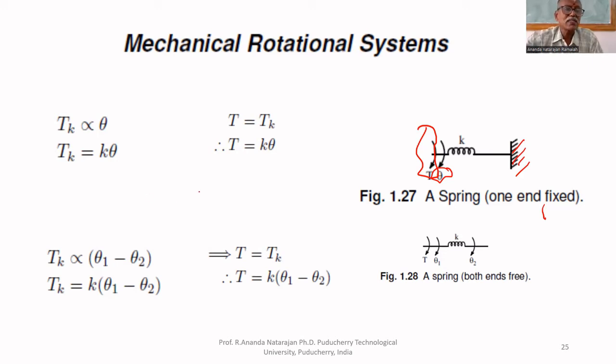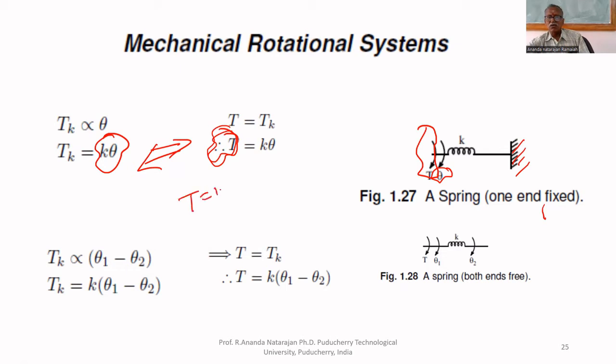Therefore, the reaction torque, not reaction force, sorry, is k theta. Applied torque is T. Therefore, these two must be equal by Newton's law. Therefore, T equal to k theta. That is the mathematical model.